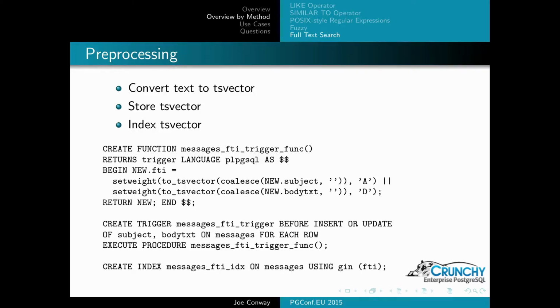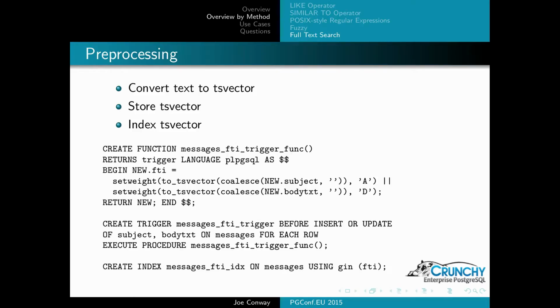The idea being that if you're searching for a word in the subject and the body, it probably is more important if that word exists in the subject than if the word exists somewhere in a very large body of text. Another example is the title of a document. You might have a title and an abstract in a book, and if the word exists in the title, that's probably really important for your matching, whereas if the word exists somewhere in the book, it may not be as important.